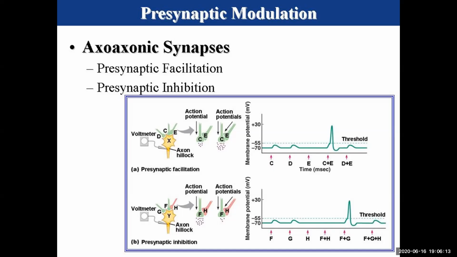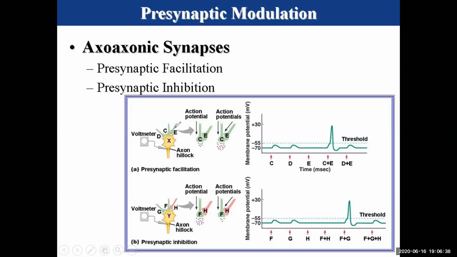So in this case here, the postsynaptic neurons are neuron X and neuron Y. Neuron D and C are presynaptic neurons. Neuron G and F are presynaptic neurons.